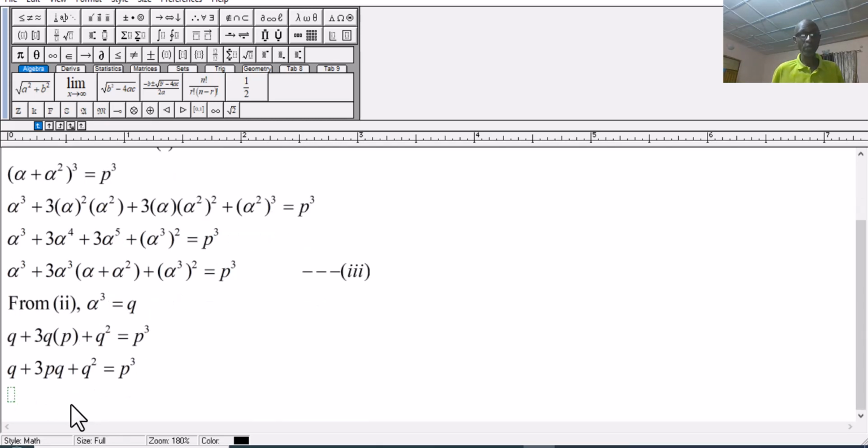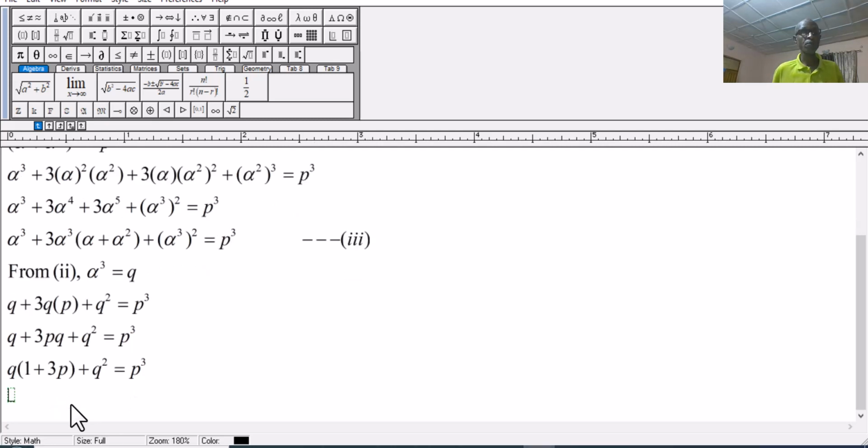So we can factorize q out: q times (1 plus 3p) plus q squared is equal to p cubed. Take everything on the left hand side to the right hand side.